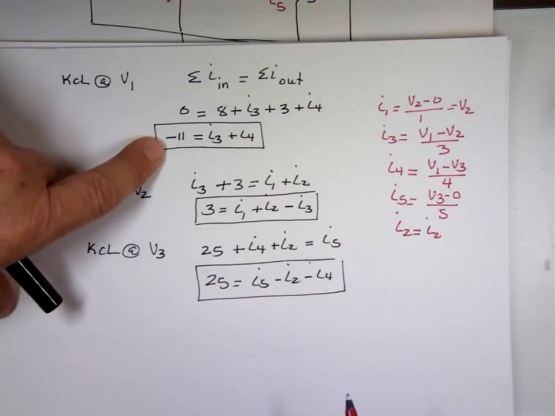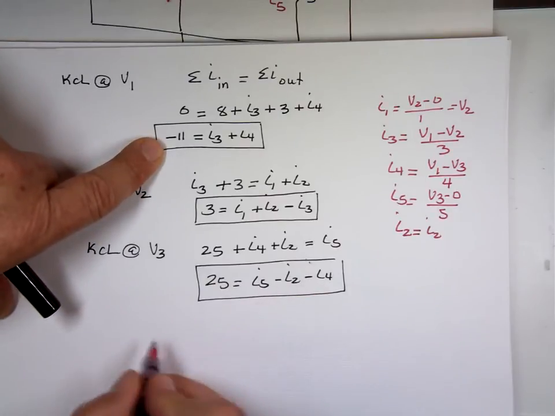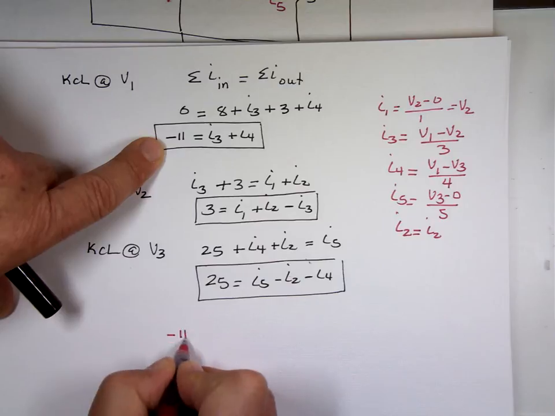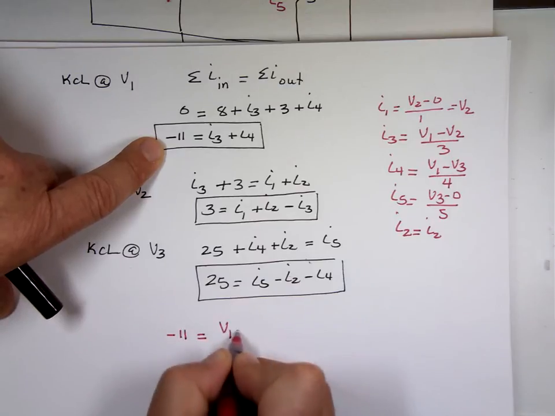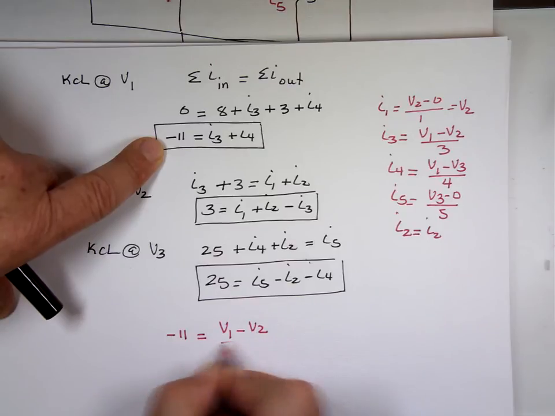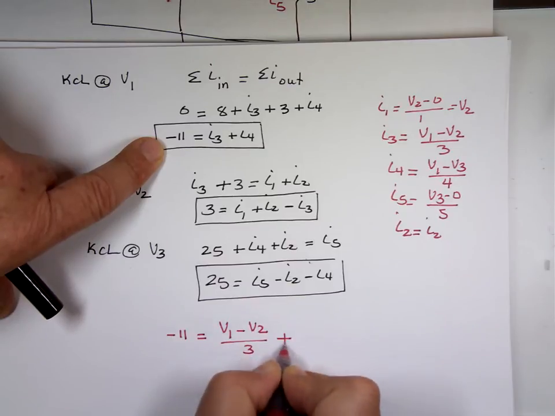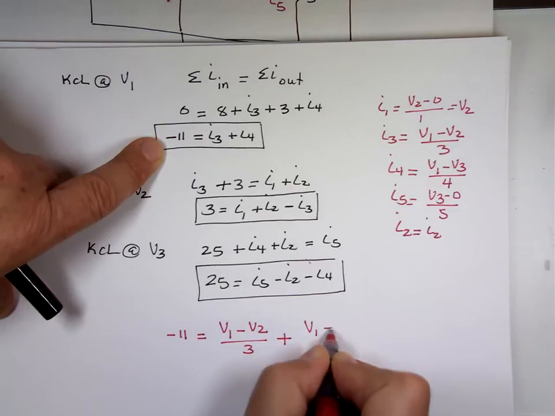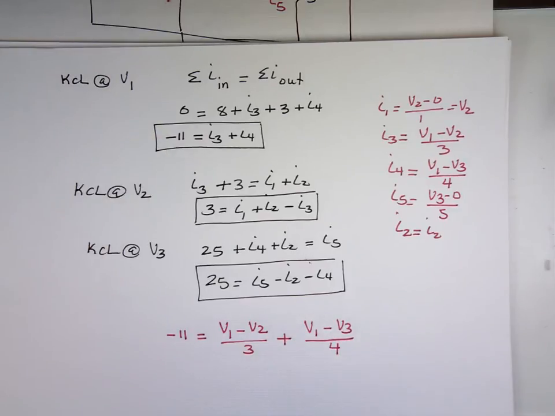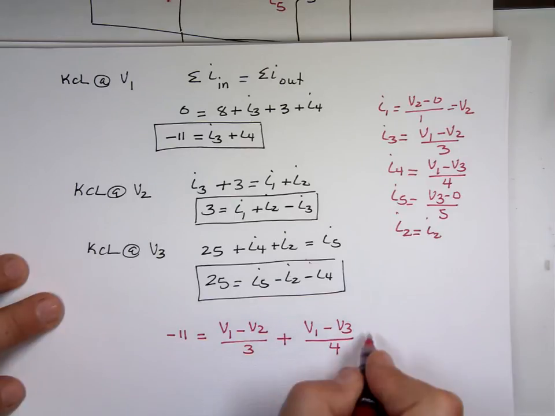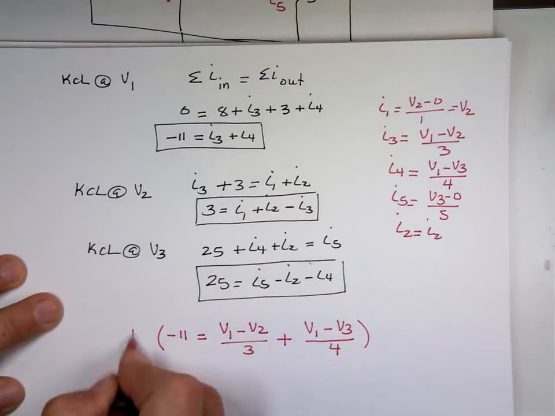Okay, let's see. Take the first equation. Negative 11 equals I sub 3. What's I sub 3? V1 minus V2 divided by 3, plus I sub 4, V1 minus V3 over what? 4. Multiply everything by 12, that's the LCD.